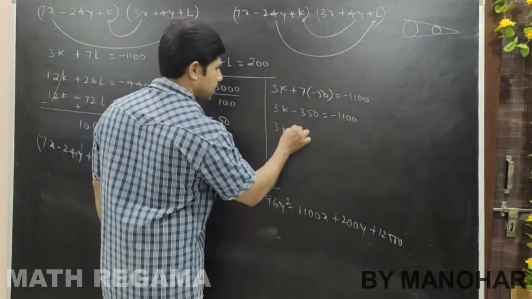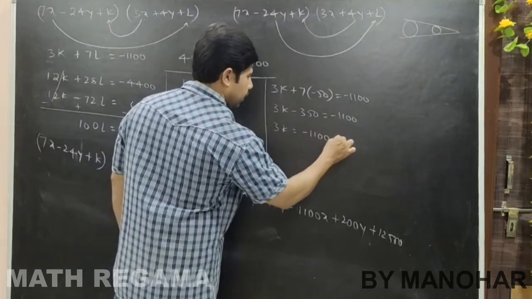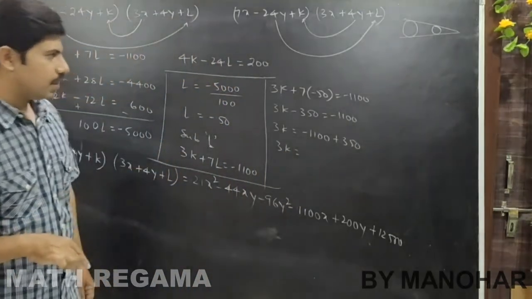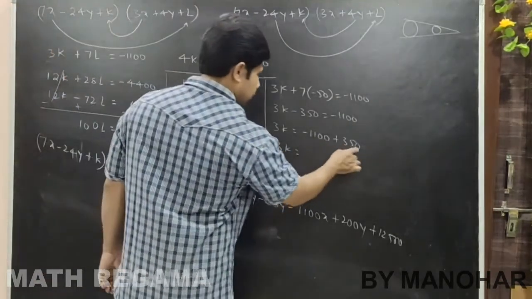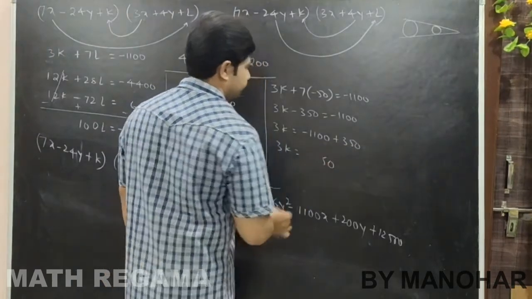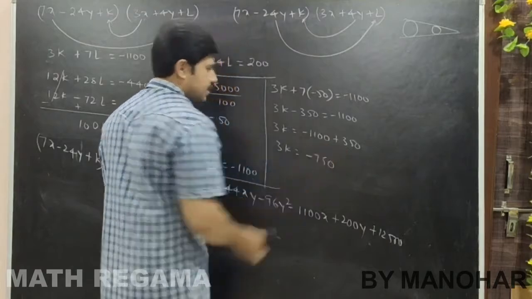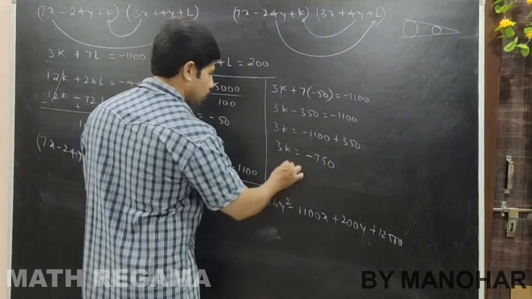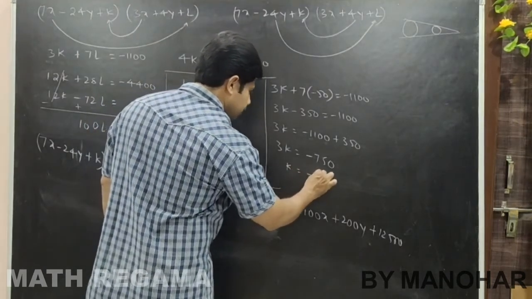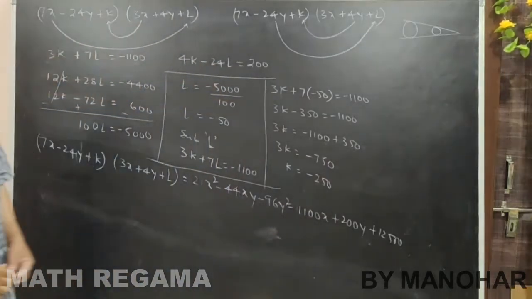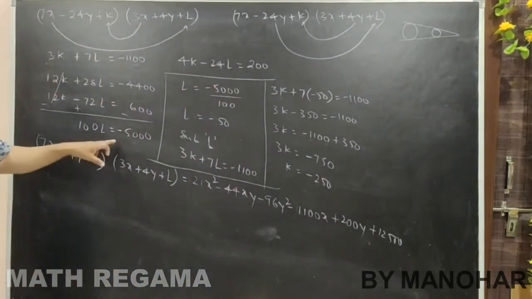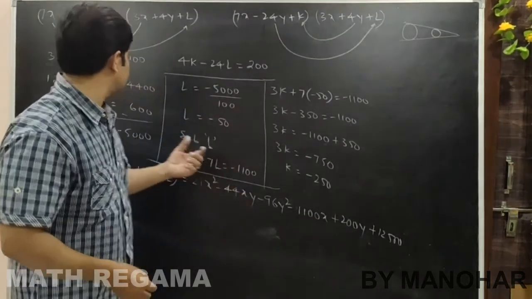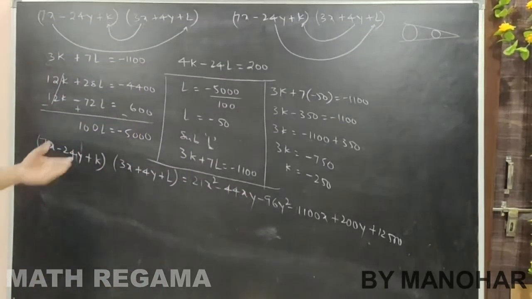So 3k is equal to minus 1100 plus 350, which is nothing but minus 750. So we get the value of k. K is equal to minus 250.